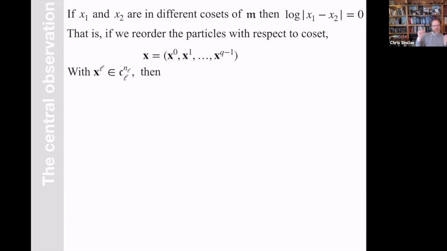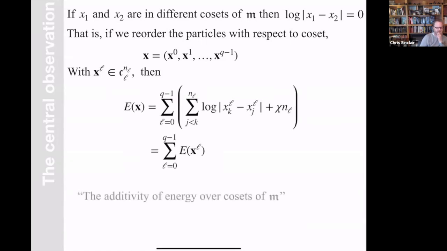And then I'm going to look at the next however many particles are in 1 plus the maximal ideal. That's the vector x to the 1, et cetera, et cetera. And if I have q total cosets, then I'm basically just going to break up my state into which coset of the maximal ideal they fall in.